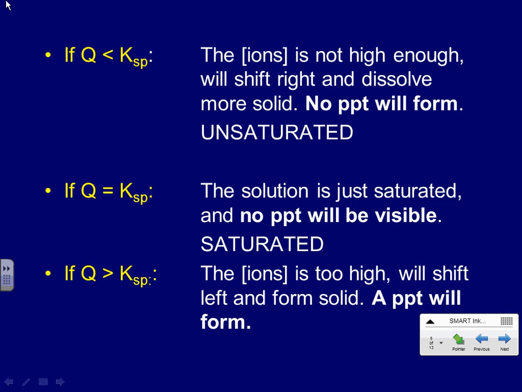So if the Q is less than the K after mixing two solutions, it just means that there's not enough ions and we say it's unsaturated. If there was more solid around, it would shift to the right and dissolve more solid. But if there's no solid around, then it's not going to shift anywhere. It's just going to sit there. It's a failed precipitation. We would simply say it's an unsaturated solution.